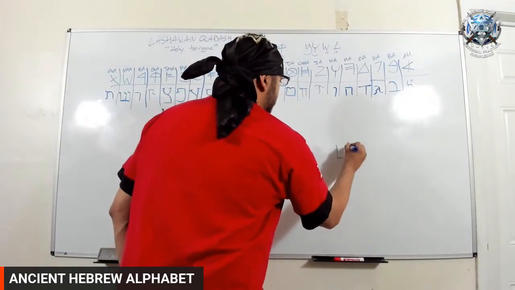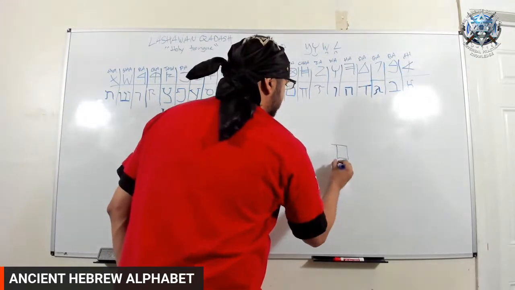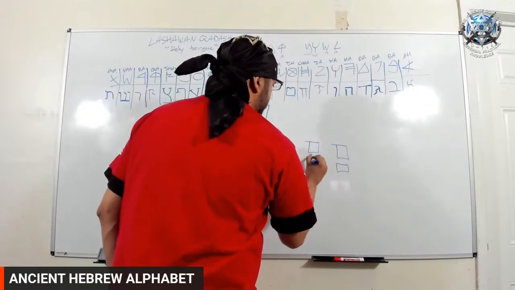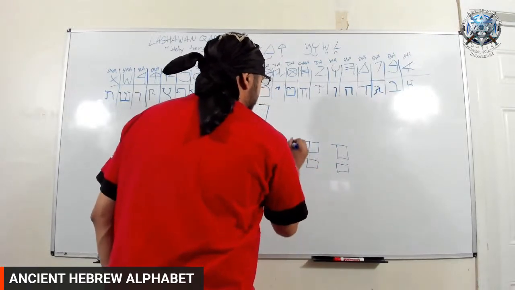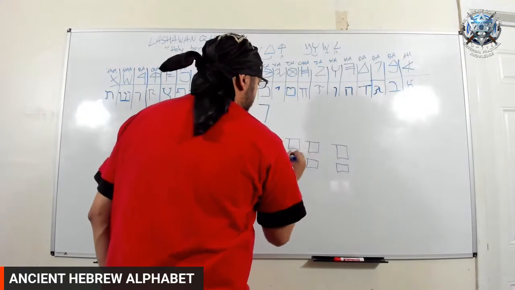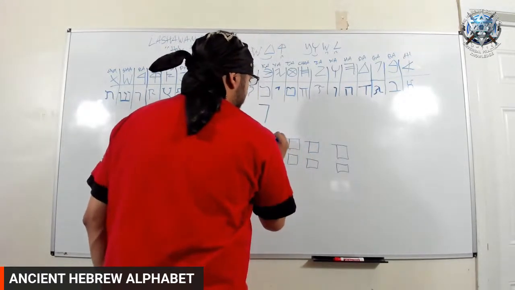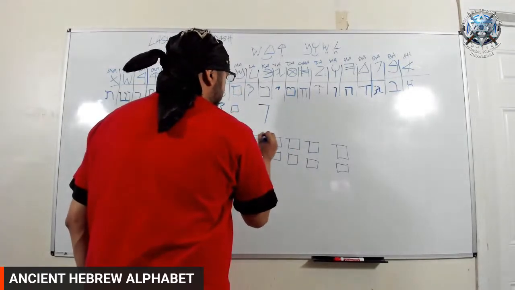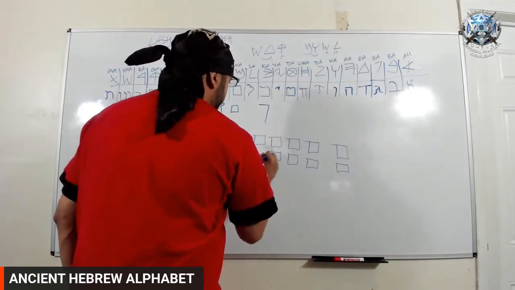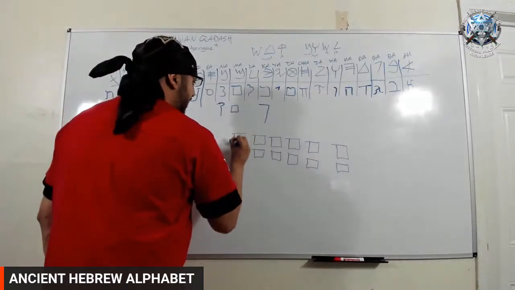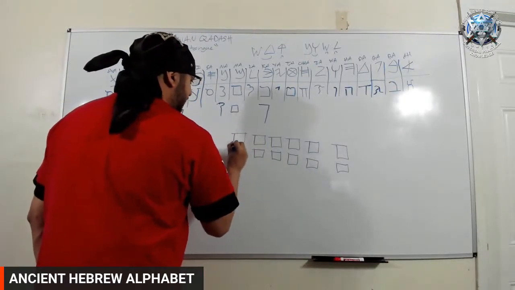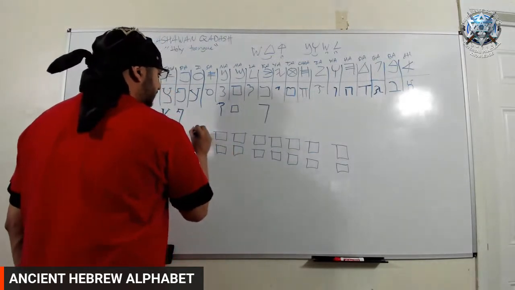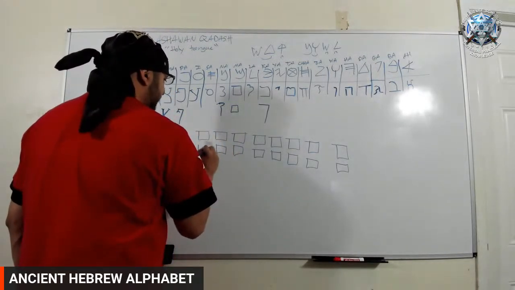So ma, and then end ma. Again, ma, end ma, is just a square. We got ma, we got end ma.